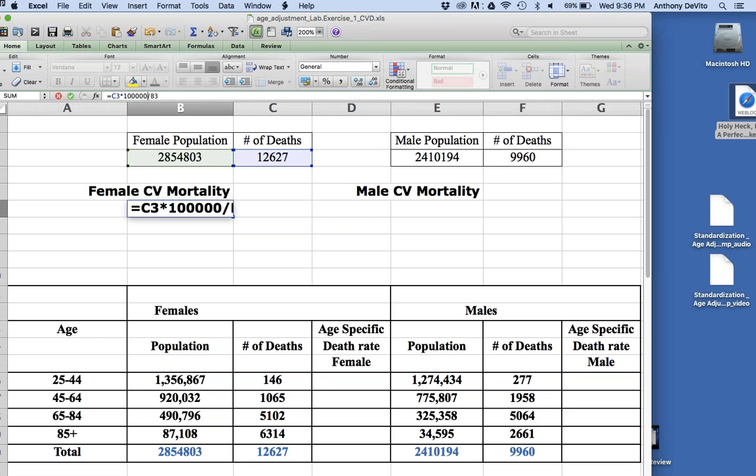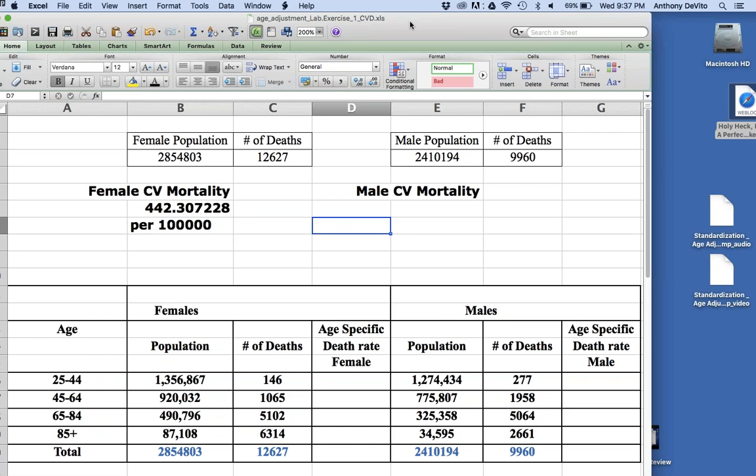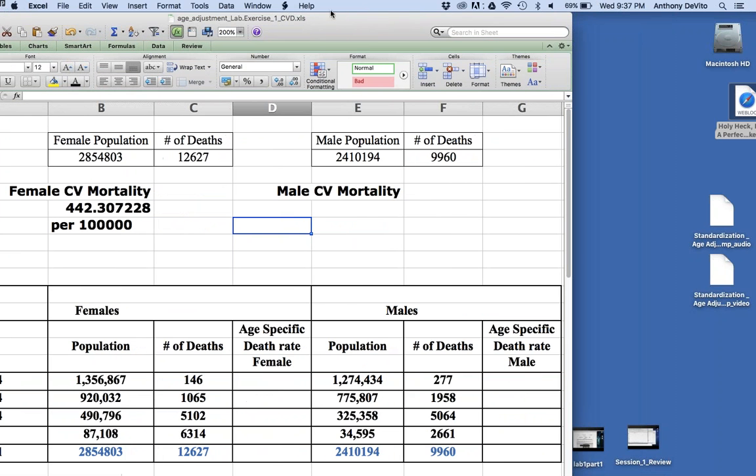I'm going to call it 100,000. Now my rate is a little bit easier to understand and to work with. The rate of cardiovascular disease in this female population was 444 deaths per 100,000 female population. Okay, so that's going to be a lot easier for us to understand what that number represents in a large population.